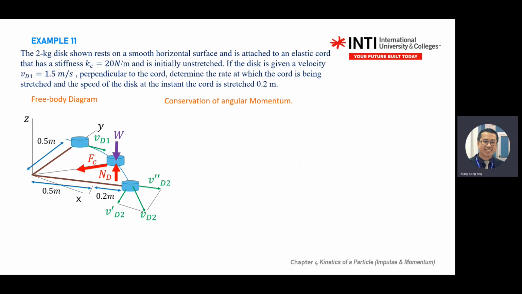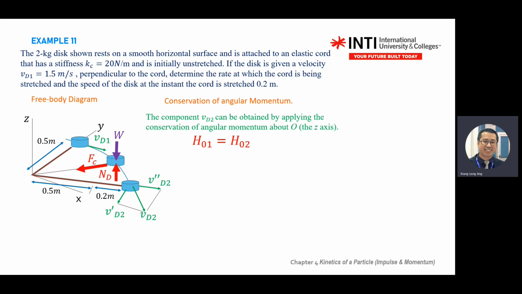Use conservation of angular momentum. Start observing what scenario we use conservation. We always look at the big picture. We want to find what happened before and what happened after. We don't deal with the middle process. So conservation of angular momentum is H before equals H after.